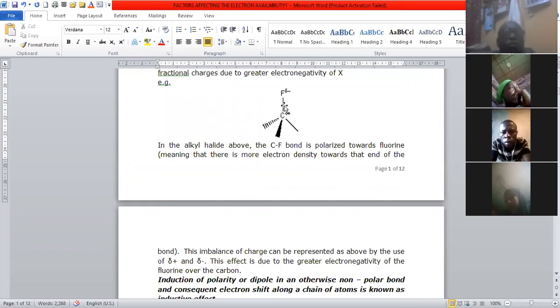That is why fluorine is partially negative and carbon is partially positive.